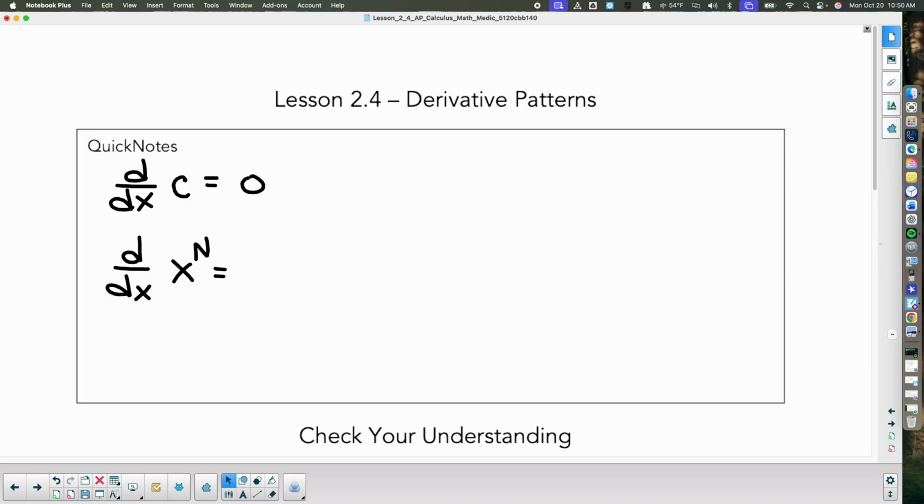The answer is going to be the original power times x, and then you subtract 1 from the power. So this is 100% known as the power rule.